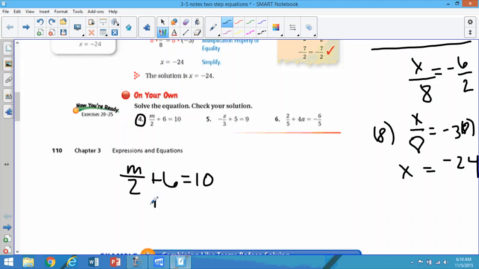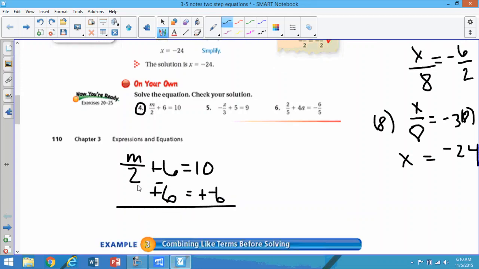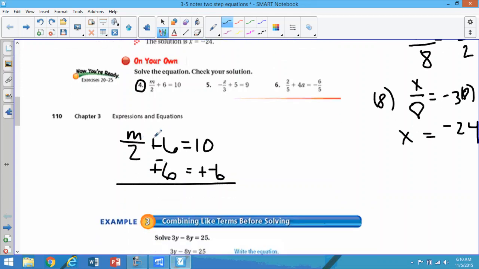So you're going to add the opposite of 6, or subtract 6. And again, I like to add the opposite because I like to keep it consistent with the tiles. So these two, positive 6 and a negative 6, are like 0 pairs. They're opposites, so they drop out and you end up with 0. When you add opposites, you end up with 0.